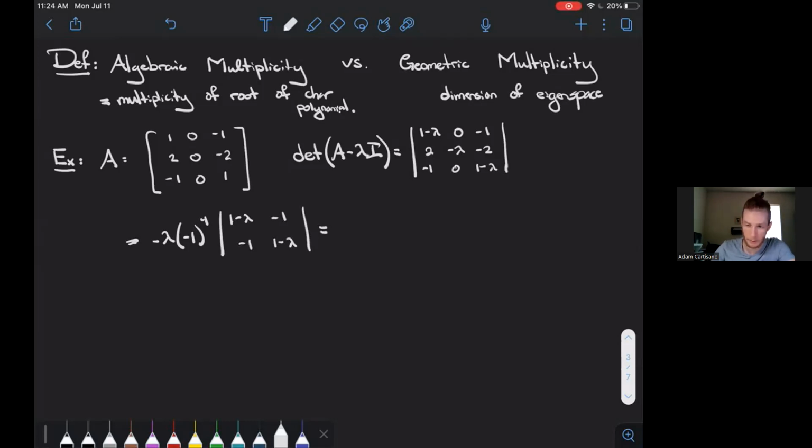Now we just have to keep track of minus signs. This is negative lambda times, this determinant is 1 minus lambda squared minus negative 1 times negative 1, which is 1. That's not so bad. 1 minus lambda squared is lambda squared minus 2 lambda plus 1. But then we subtract 1, so the constant terms cancel. We have minus lambda times what survives, lambda squared minus 2 lambda.